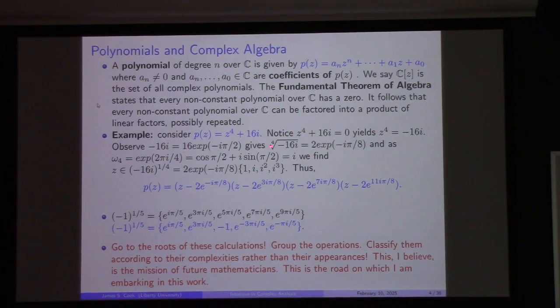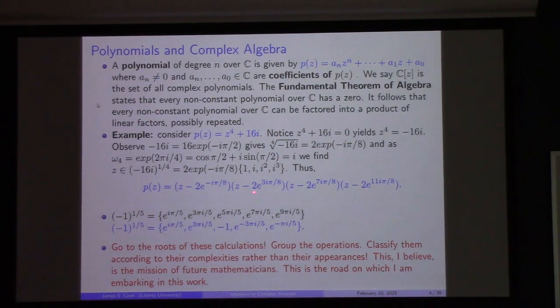And anyway, the principal fourth root of minus 16i is 2 times the exponential of minus i pi over 8. And since the fourth root of unity is i, like I just told you, these are the principal fourth roots of minus 16i, namely these 4 numbers. If you work it out in polar form, that gives me minus pi over 8, 3 pi over 8, 7 pi over 8, and 11 pi over 8 as my angles here.